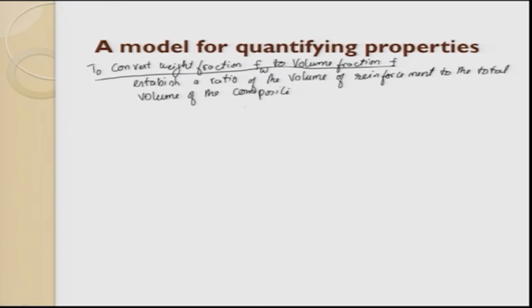So, how do we do it? F equals the volume fraction of the fiber divided by the volume fraction plus the volume V of the matrix. So, F can be written as mass by density of the fiber, plus mass of the matrix by density of the matrix.